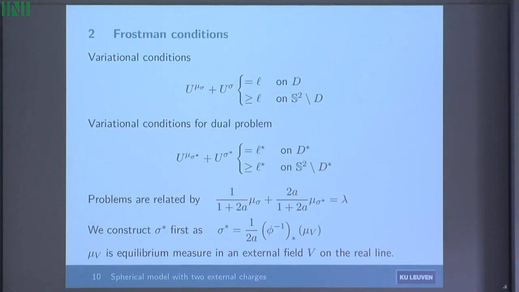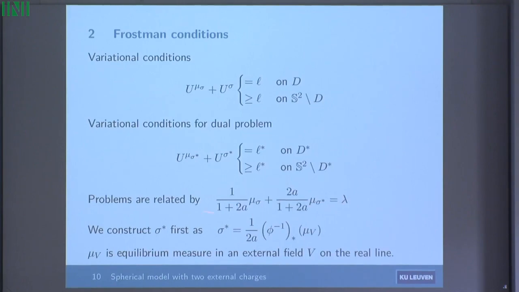Well, their interiors do not intersect, and it means that if you undo the normalization for mu sigma and mu sigma star, then mu sigma divided by this number 1 plus 2a will be just the Lebesgue measure restricted to D. Mu sigma star times this constant will be the Lebesgue measure restricted to the complement. So the sum of these two should be equal to the normalized Lebesgue measure on the whole sphere.